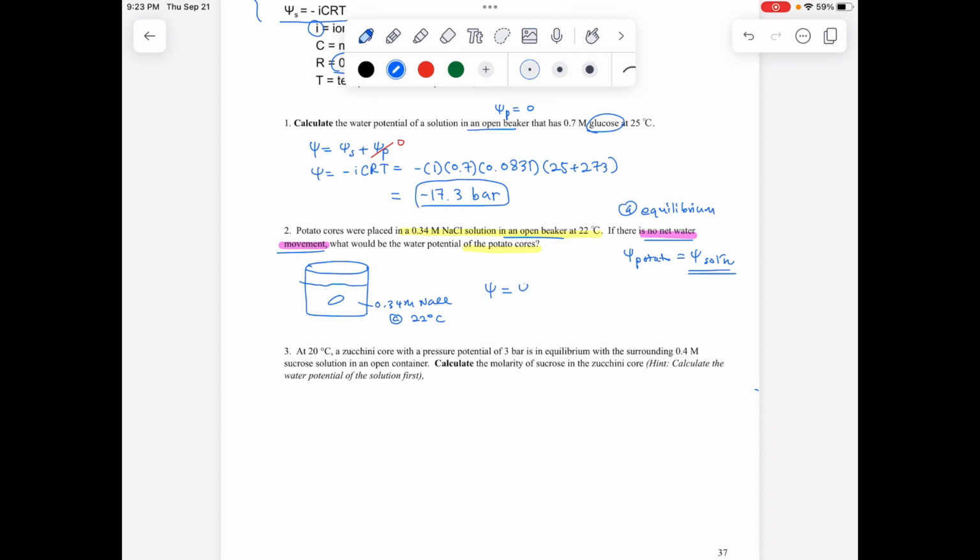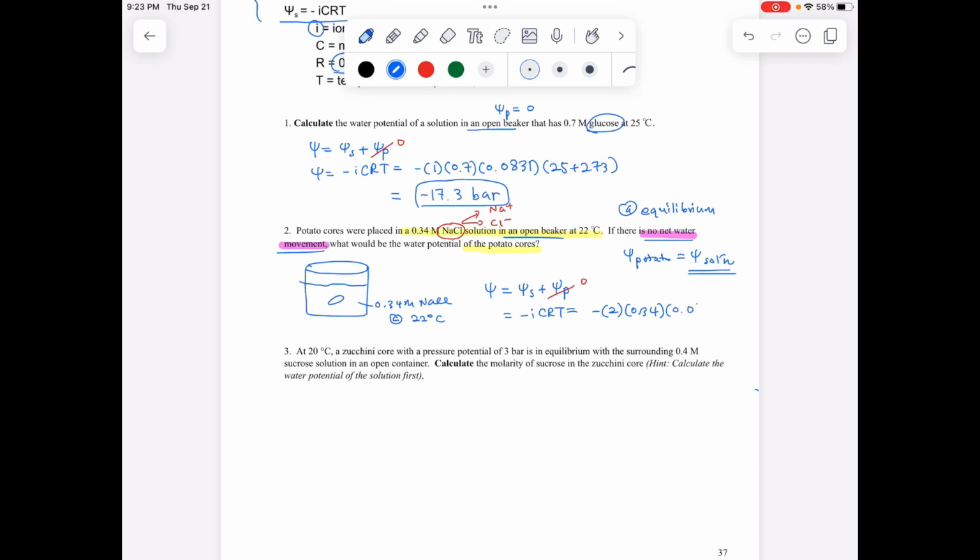Again, the water potential is equal to solute potential plus the pressure potential, but we're dealing with an open beaker, so the pressure potential is equal to 0. So we just do negative iCRT. The ionization constant for sodium chloride is 2 because sodium chloride will ionize into sodium and chloride ions. C is the molar concentration, which is 0.34.